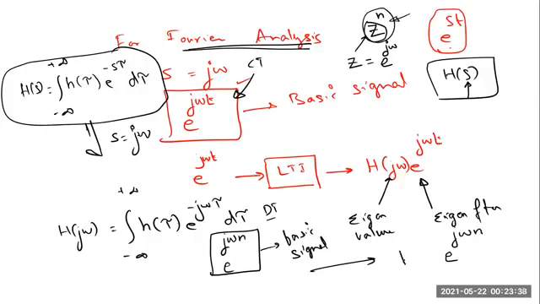multiplied with the eigenvalue. So previously I was representing the eigenvalue as H of z. So previously we were using H of z, but now z is a special z, which is equal to e raised to power j omega. So this eigenvalue is going to be represented by H of e raised to power j omega.